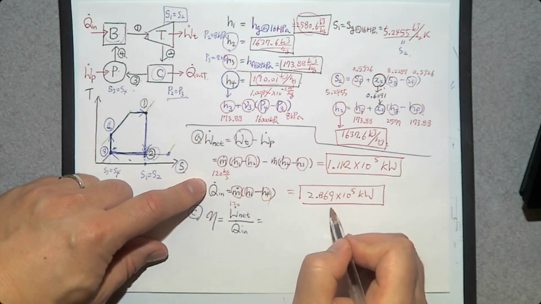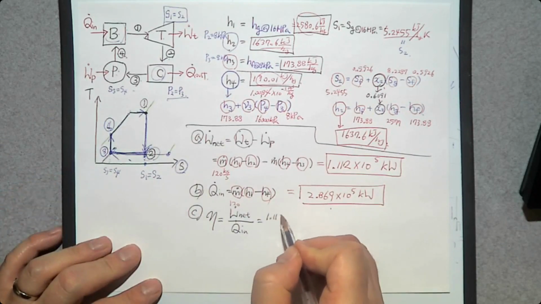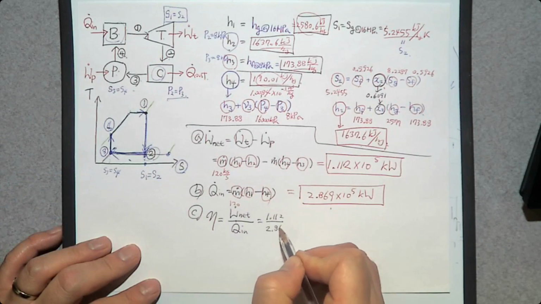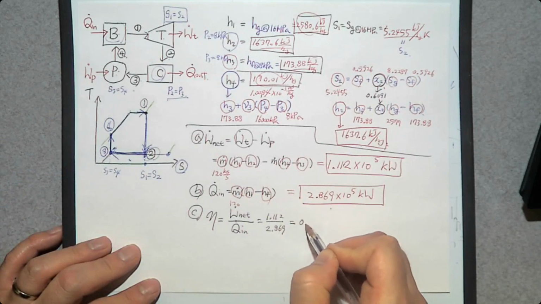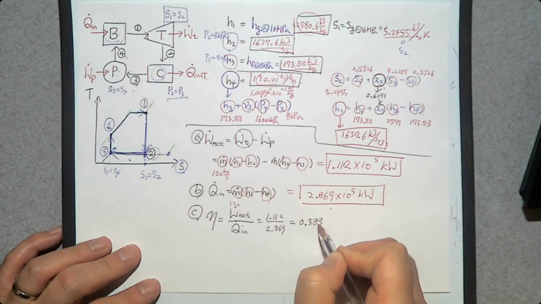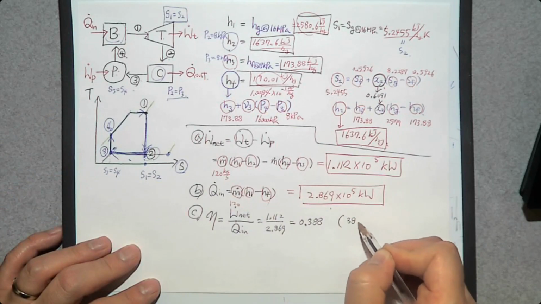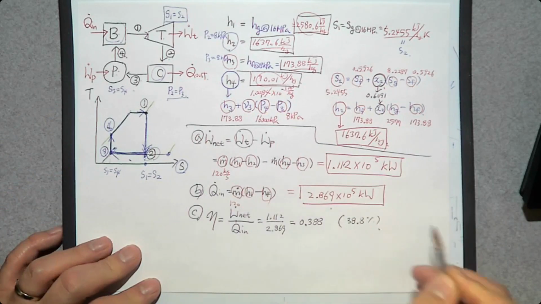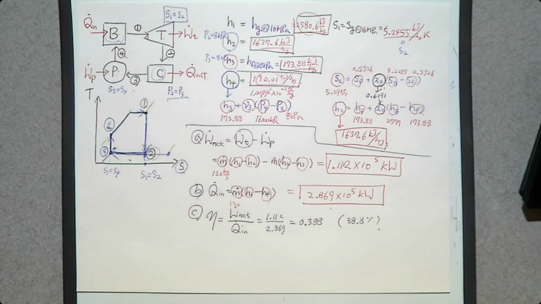So this one divided by this one. 1.112 divided by 2.869 is going to be 0.388, approximately 38.8%. Less than the maximum value of a supercritical power plant system that was about 47% because there is no steam generator, there is no reheat process, etc.